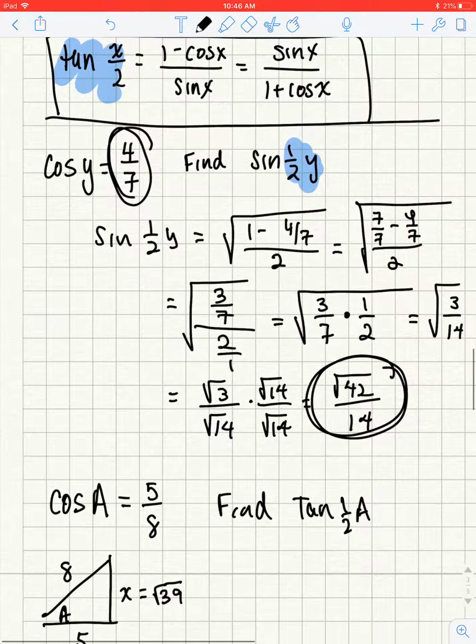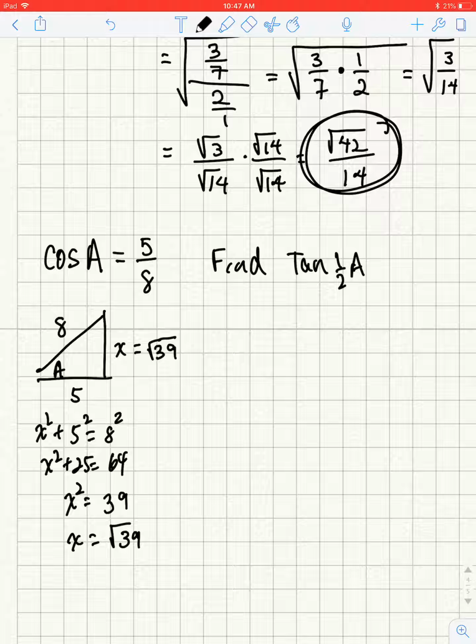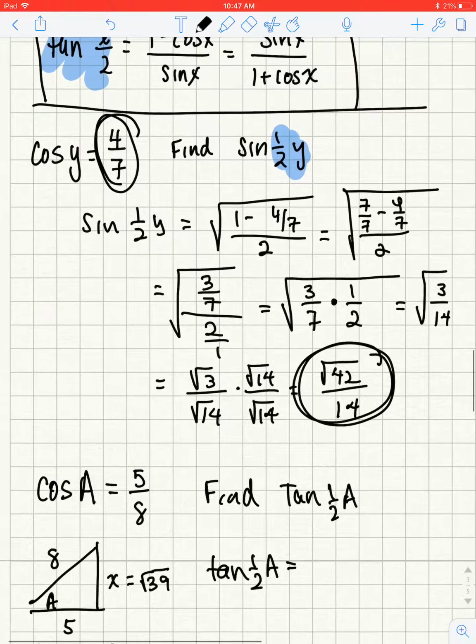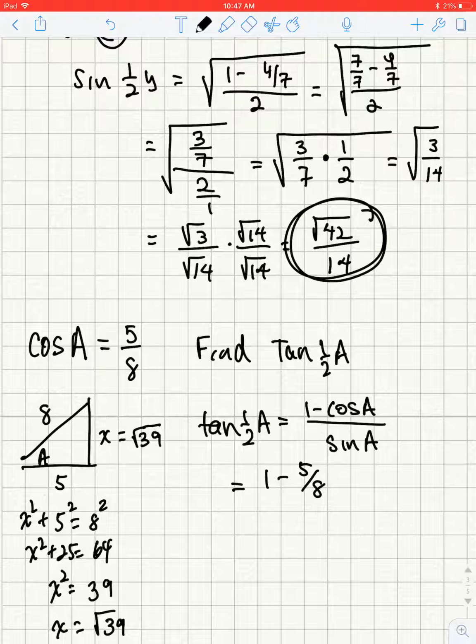Now it doesn't matter which one you do, 1 minus cosine over sine is fine. So let's look at that. So now 1 minus 5 over 8 divided by sine A, which is going to be root 39 over 8.